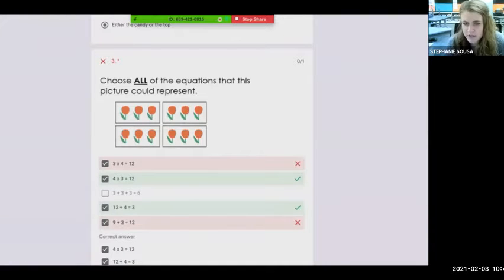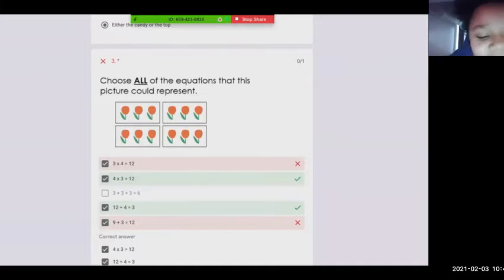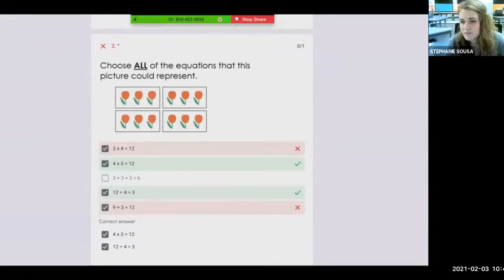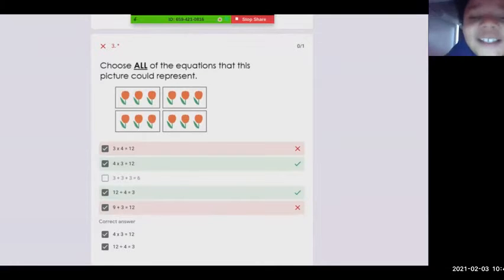Yes, you checked 3 times 4 and 9 plus 3 equals 12. Those are correct, but those don't match the picture. There's not a group of 9 flowers plus 3 flowers. And then 3 times 4, that would be if there were 3 groups with 4 flowers. But it says, how is there only 2 answers?